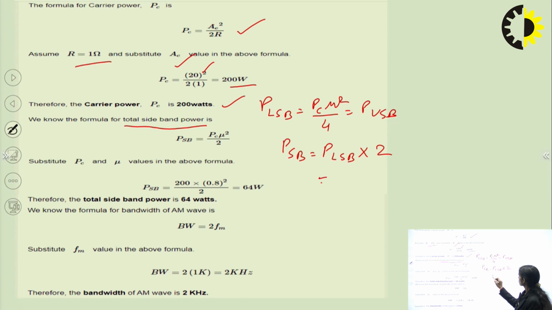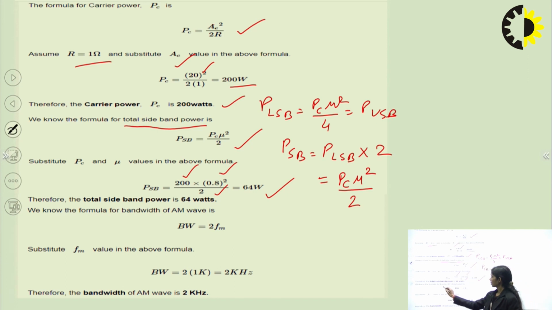So the power for the total sideband will be PC mu square divided by 2. Again by substituting all these values, PC as 200, mu as 0.8 whole square divided by 2, we obtain the total sideband power as 64 watts. So this we have obtained.